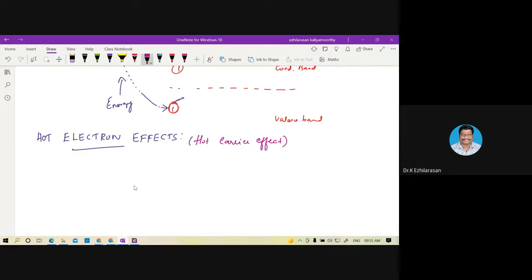Now what is this? This is another problem in the short channel related to high electric field. So it's related to high electric field, caused by hot electrons.